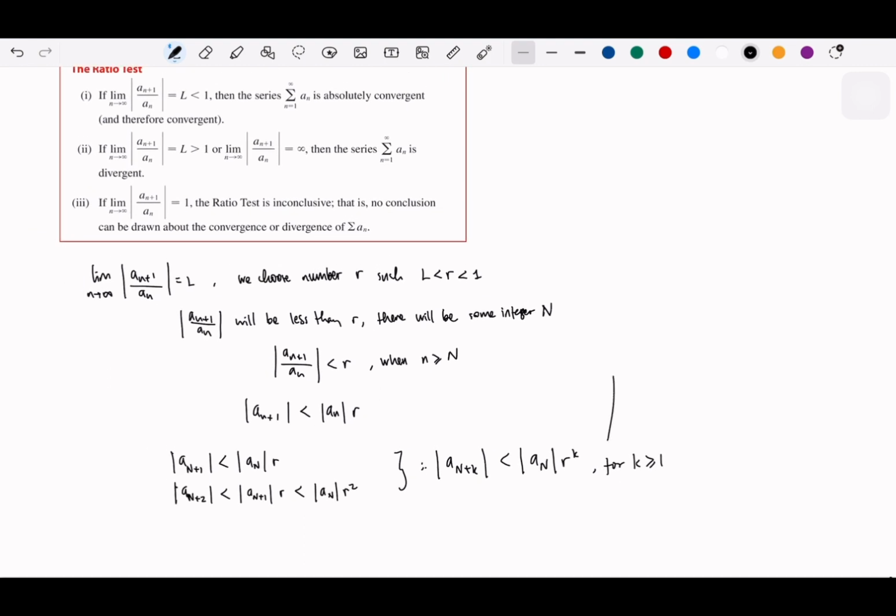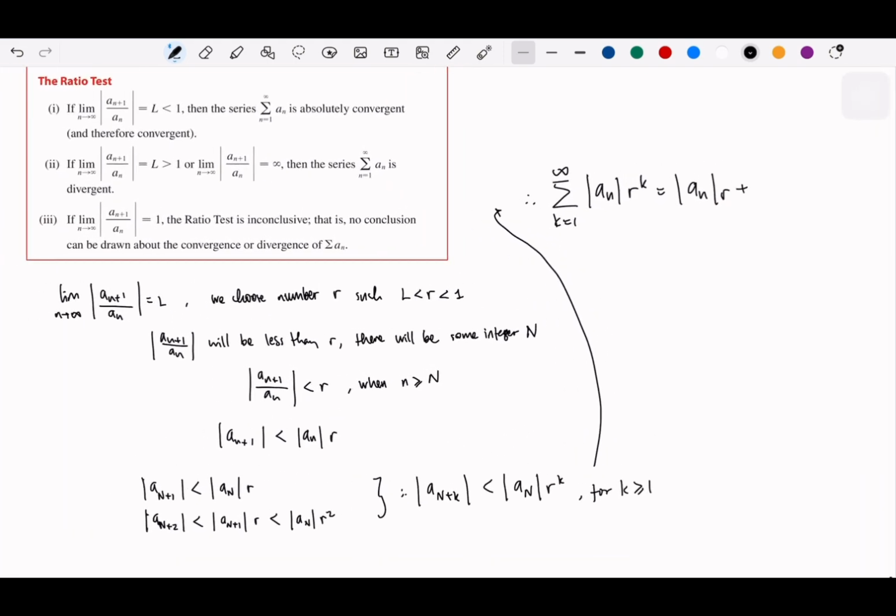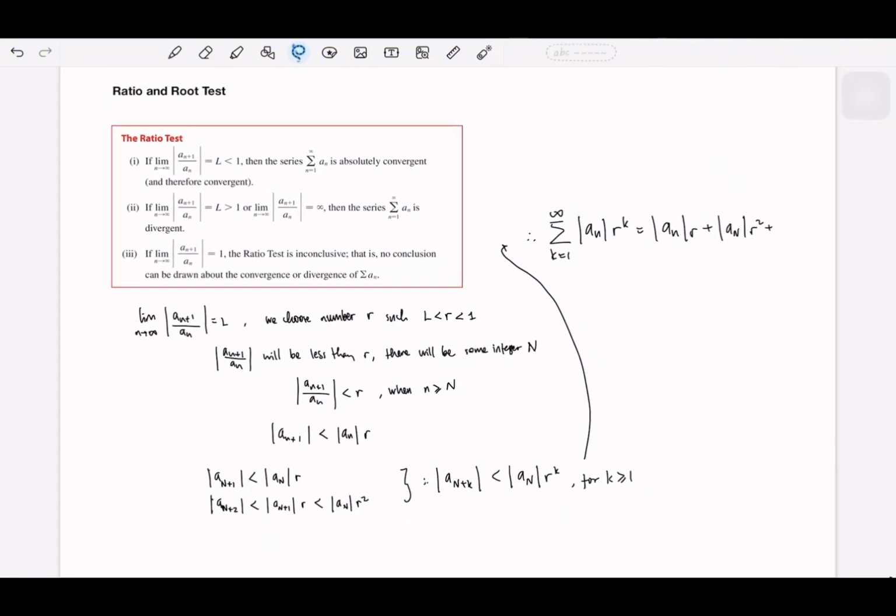And we now have, let me write here, in terms of k, an multiplied by r to the power of k, which means that if we break down the series, this will be pretty similar to a geometric series. Let me make it smaller.